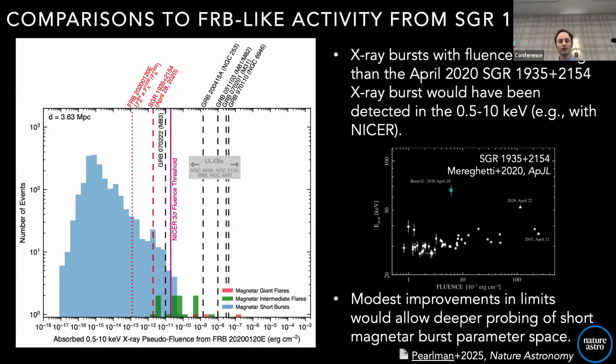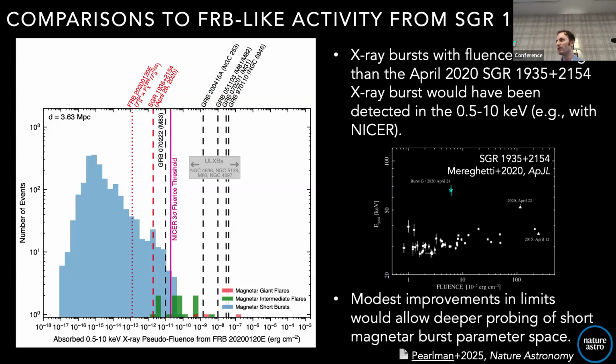Now, the SGR 1935 X-ray burst is about a factor of 10 below our detection limit, but it's important to note that the plot on the right shows that that burst wasn't particularly fluent compared to other X-ray bursts produced by this particular magnetar or even others.